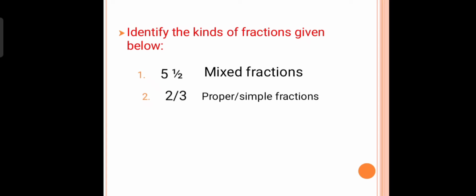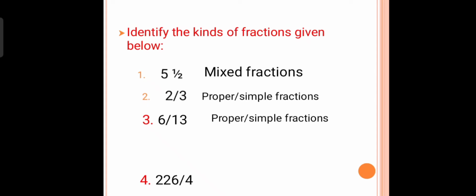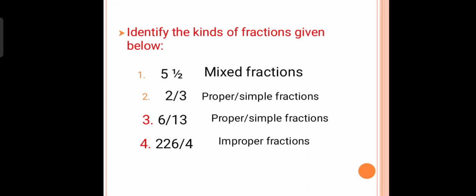Number 3, 6/13. What kind of fraction? 6 is smaller than 13. What do you call that fraction? It is a proper or simple fraction. Next, number 4, 226/4. What is your answer? It is an improper fraction. Why?